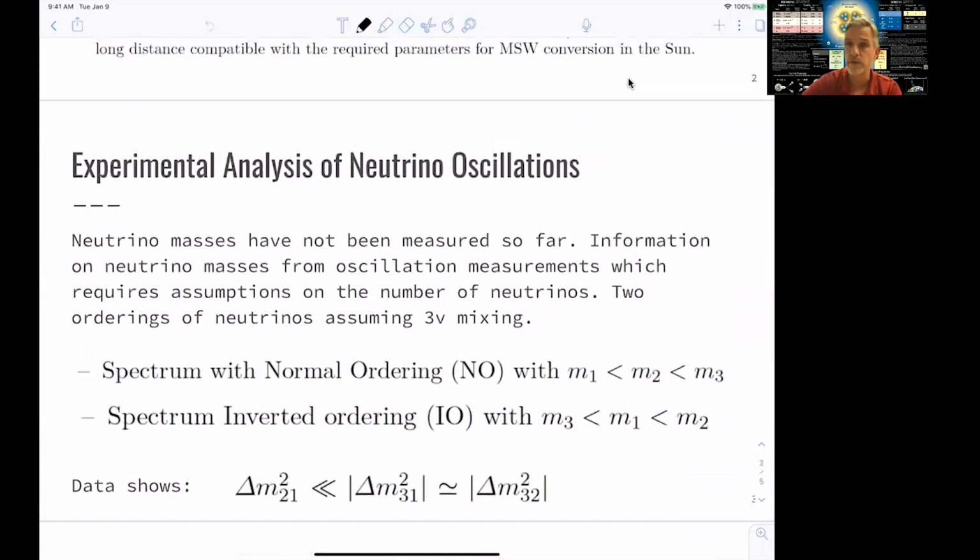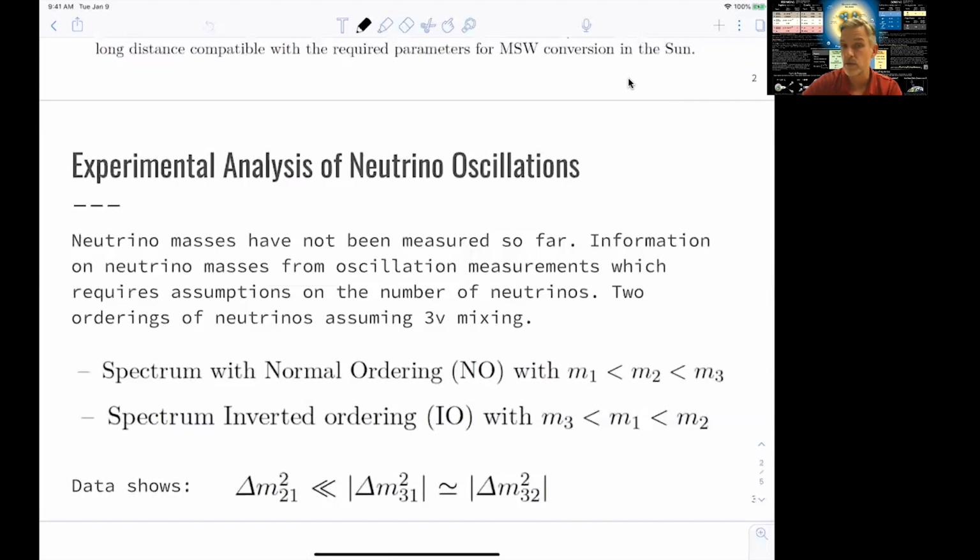But if you just focus here on 3 neutrinos, we still have the problem that we have degeneracies in the discussion. They can be boiled down to 2 major kinds of trends. One is where the spectrum of the neutrino masses follows a normal ordering, meaning that the mass of the first is smaller than the mass of the second, which is smaller than the mass of the third.